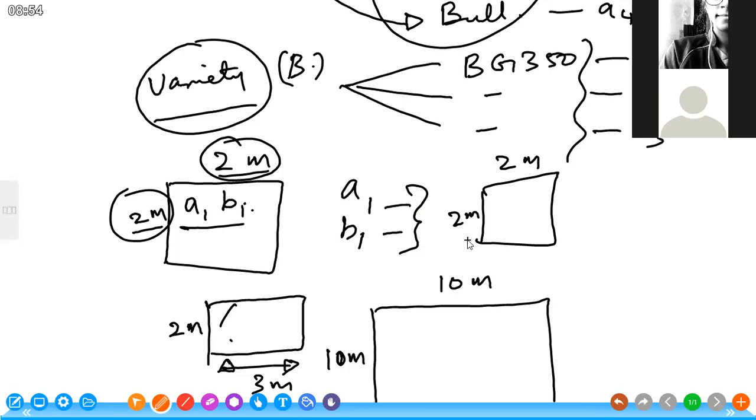Oh yes, 10 into 10, slightly low, but okay. 15 into 5 centimeter or 15 into 10 centimeter, fine.